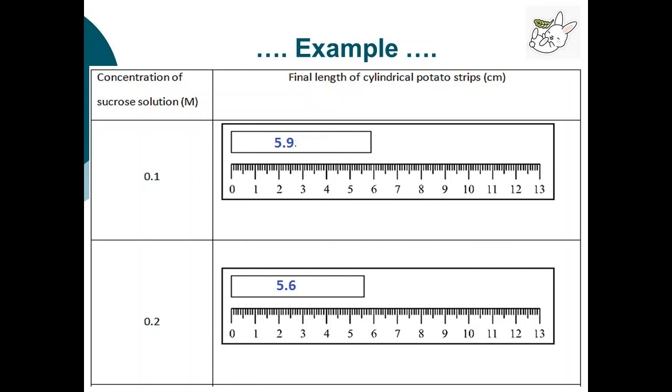Now we look at the final length of the potato strips in different concentration of sucrose solution. So here we have the 0.1 M, 0.2 M, and the reading is 5.9 cm, 5.6 cm. Please do write down the first reading now, which is 0.1 M, and the final length is 5.9 cm.